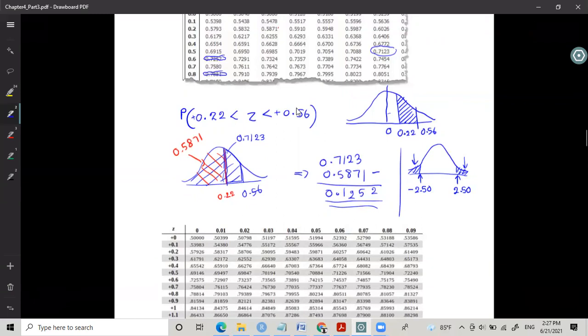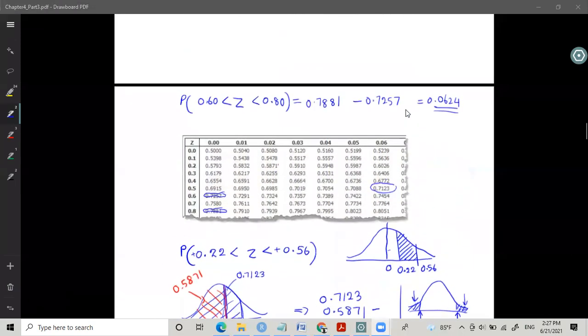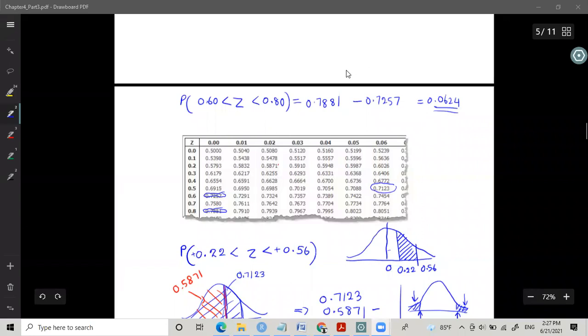Right. Okay, so I have the second example. Why did we subtract? Which one? 0.95. I think you're asking about the 0.6 and 0.80. Is that what you want? What is the 0.95 question?